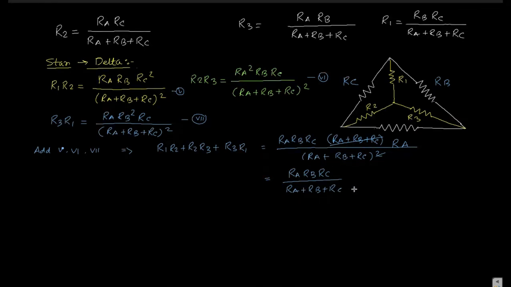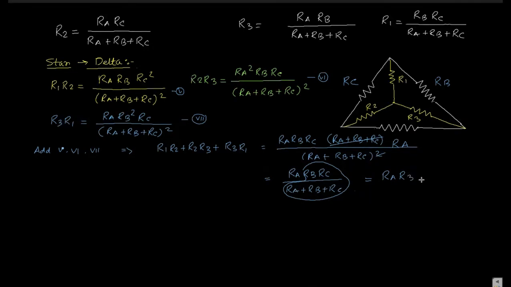Okay, so what is this part? RA RB RC whole divided by RA plus RB plus RC, it becomes R3, so you can write RA R3.